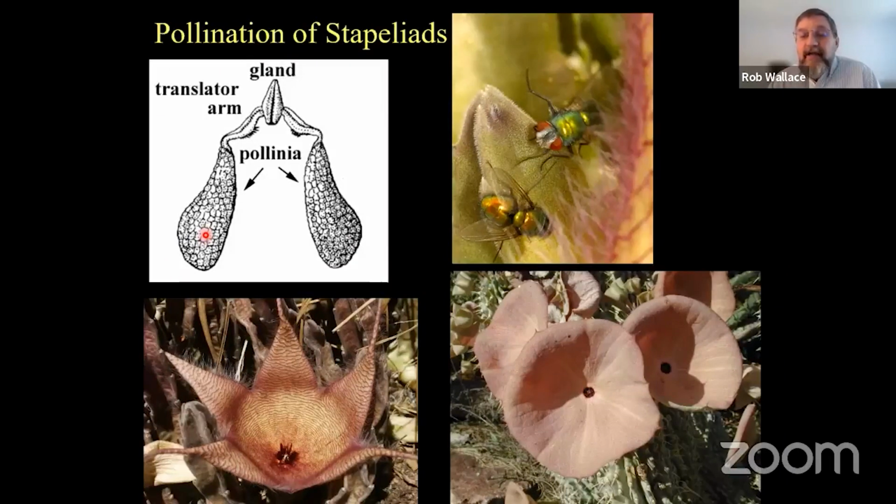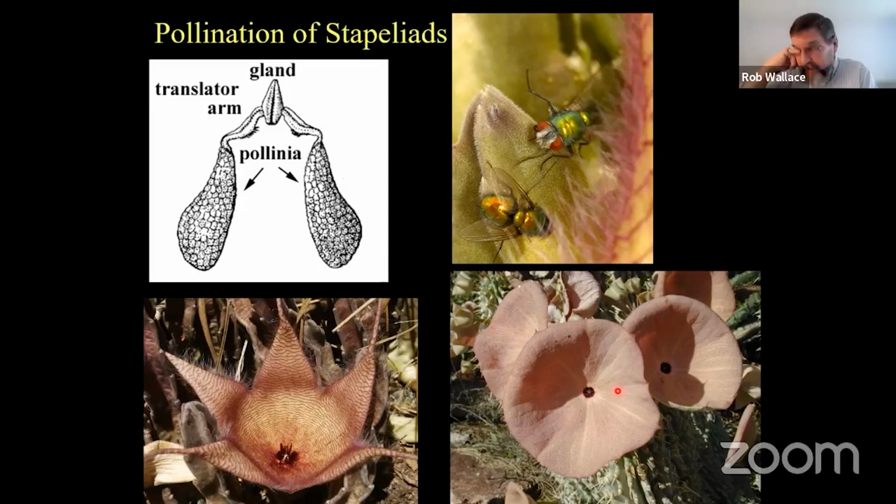Similar to that is the fly pollination that we see in many of the stapeliads, whether it's Hoodia, whether it's Stapelia per se. All of these flowers produce a chemical mimic of rotting flesh. There's a number of sulfur compounds that are produced and released.